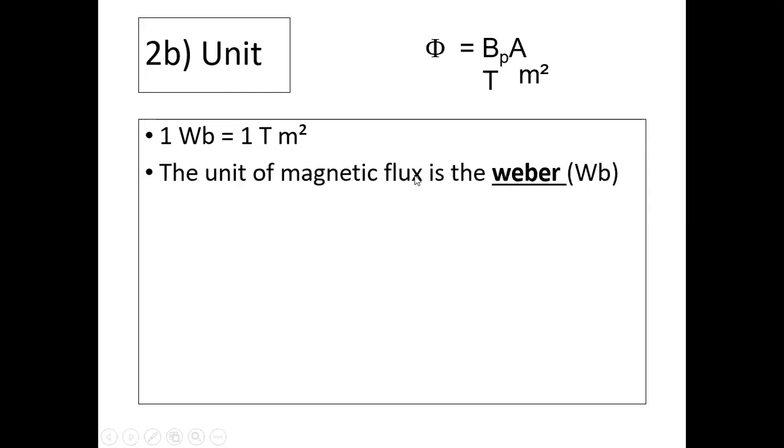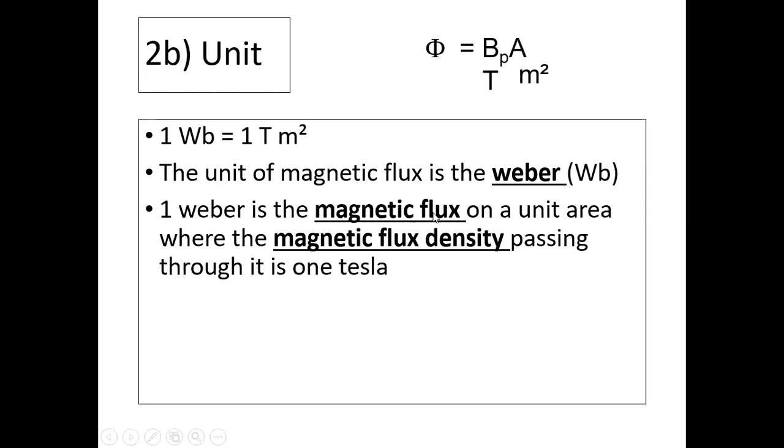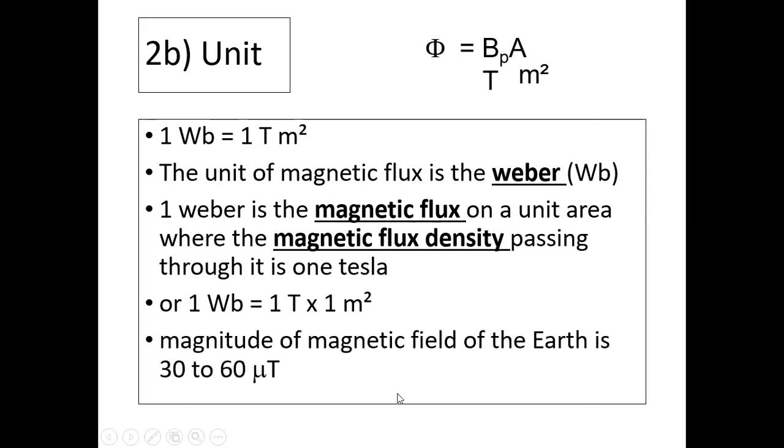So the unit of magnetic flux is the Weber, WB. 1 Weber is the flux when the magnetic flux density passing through a unit area is 1 Tesla, or 1 Tesla times 1 meter square. Just general knowledge for you: the magnetic field of the Earth is 30 to 60 micro Tesla.